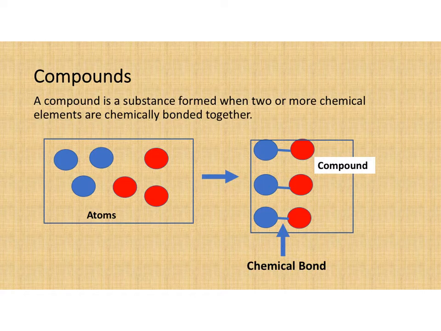And that means that we've got atoms, which I've shown on the left-hand side here, and they are bonding, forming a chemical bond here to form a compound. This is with the blue and the red atom joined together. It's a completely new substance that's been made.